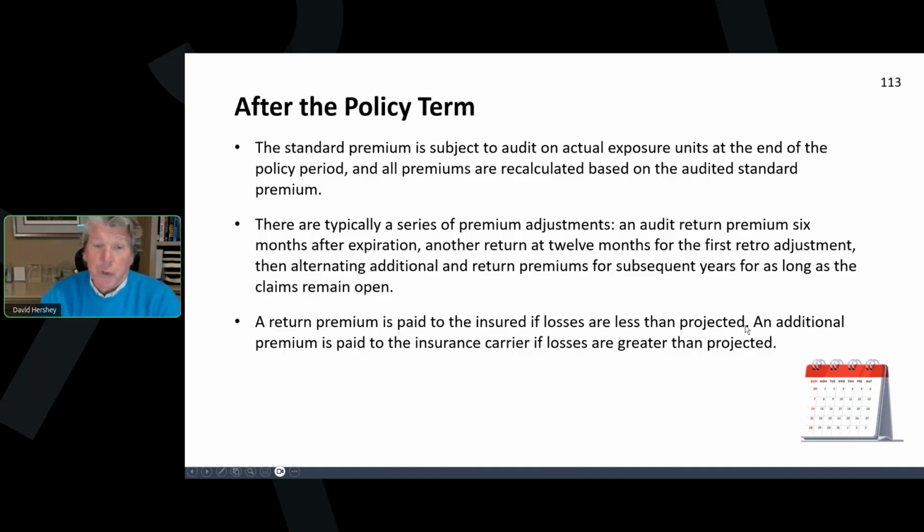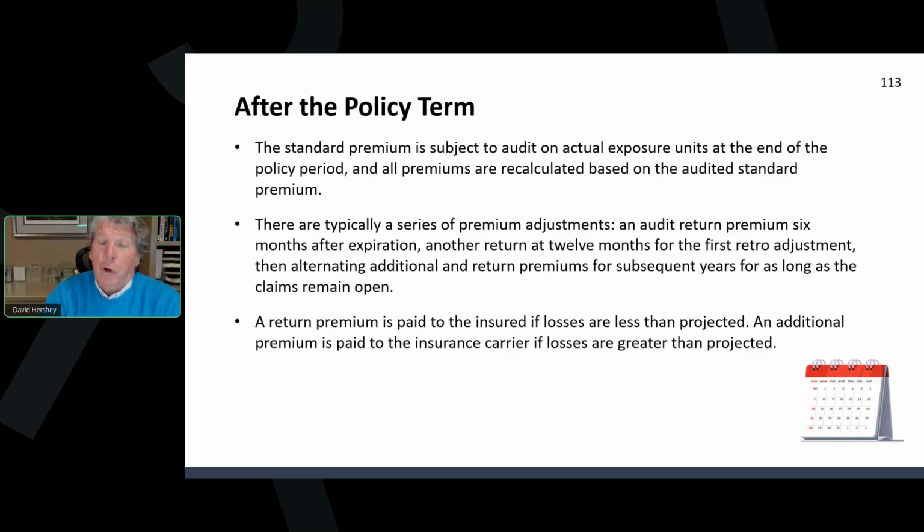All right. So just because the losses are lower, and let's just for the sake of argument say the losses are 0, you're not going to pay 0 premium. You're going to pay the minimum. And if the losses are greater than what's projected, you're going to pay those, but again, subject to the maximum.